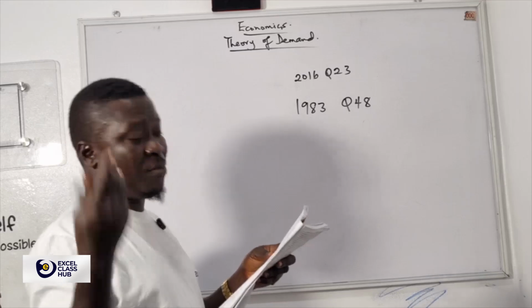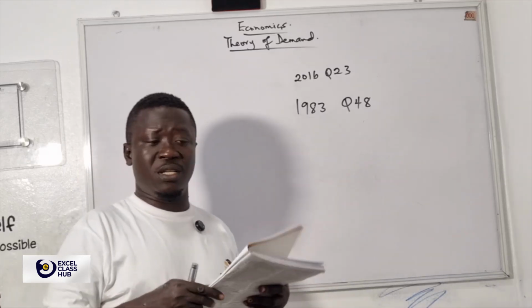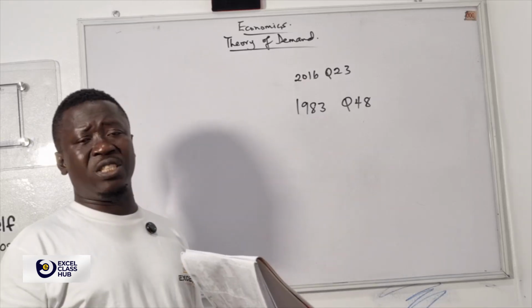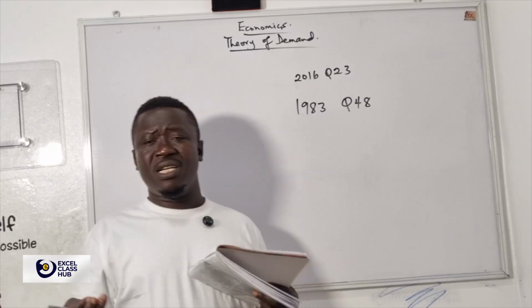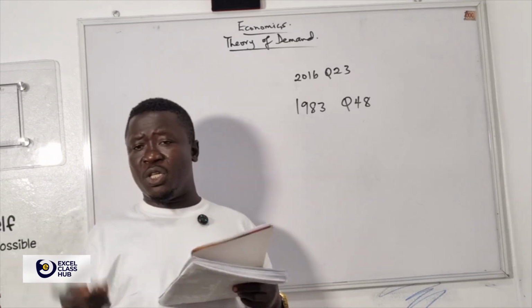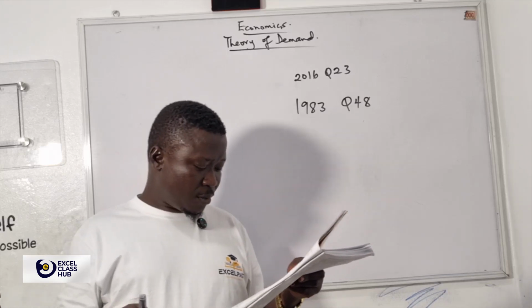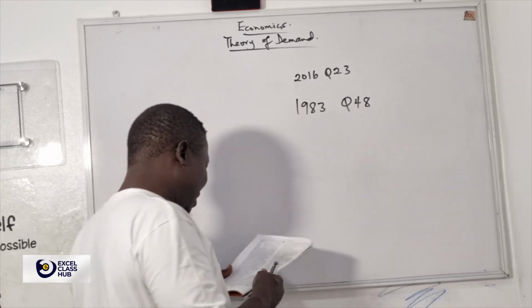In fact, I've done this one before also. Anything you're talking about, demand for a factor of production is what is called derived demand. You don't need to waste your time. There are some questions in economics where you will spend up to 10 seconds. Demand for a factor of production is derived demand. I see another question here. It's also under income elasticity of demand.